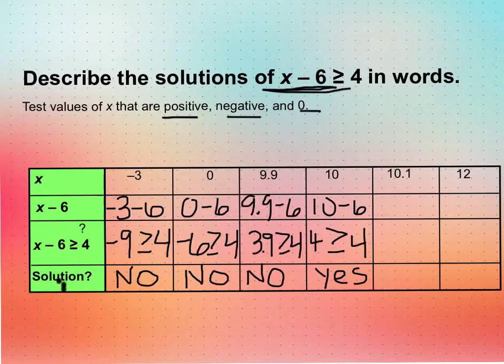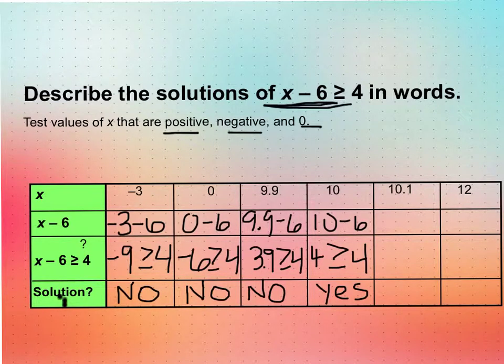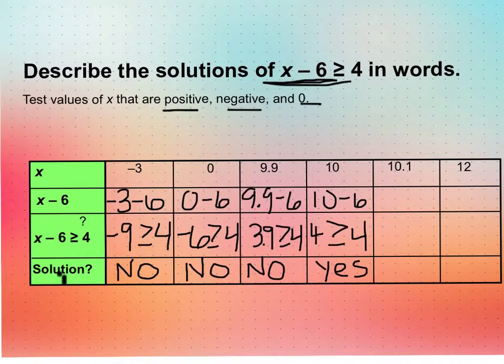Okay, so let's do 10.1. We're going to go ahead and do 10.1 minus 6, which is going to give us 4.1, which is greater than or equal to 4. So this is another yes. And let's try a larger number like 12.